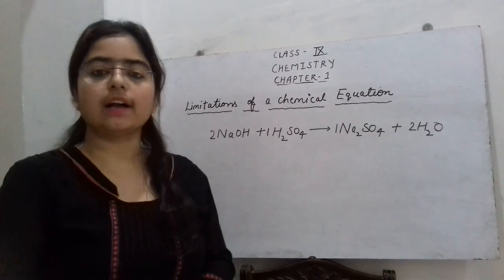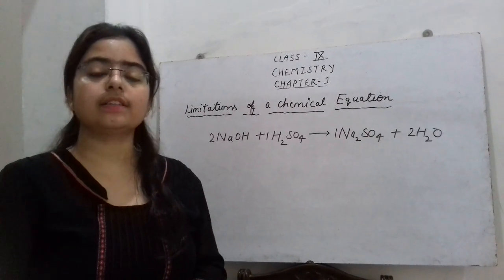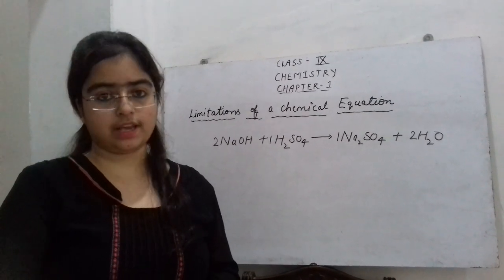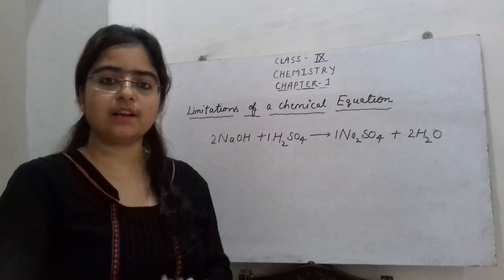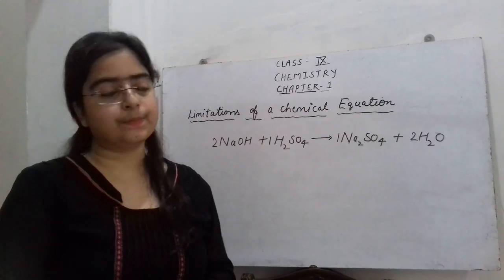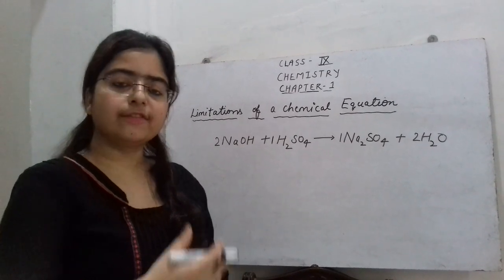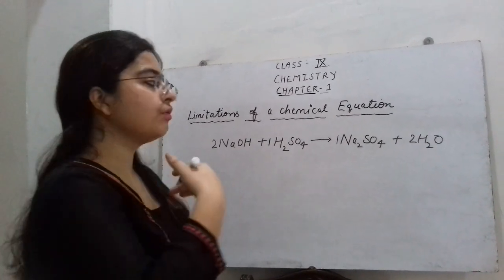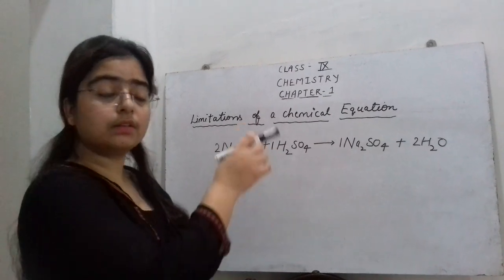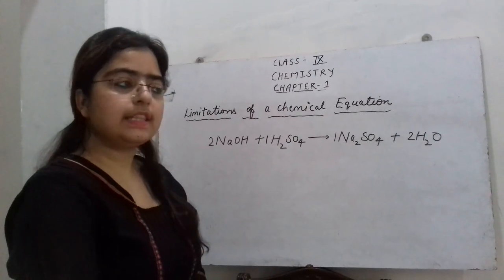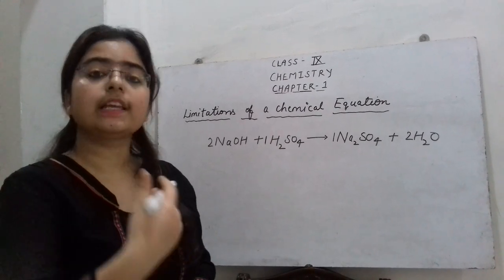And also a chemical equation does not tell us about the time taken for the completion of the reaction. How much time is taken in completing the reaction. And also we do not come to know, while performing a particular experiment and when the products are formed, whether the heat is either absorbed or is given out.